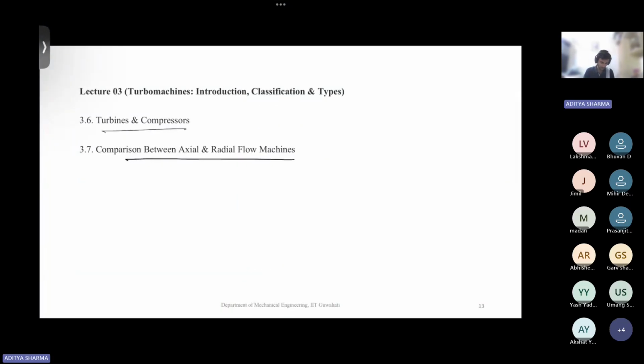Otherwise, last is your comparison between axial and radial flow machines. So axial is axial, radial is radial, very literal. If you take this as an axis, the flow in this direction is axial.